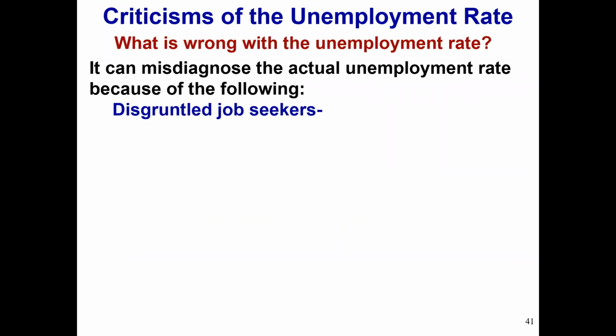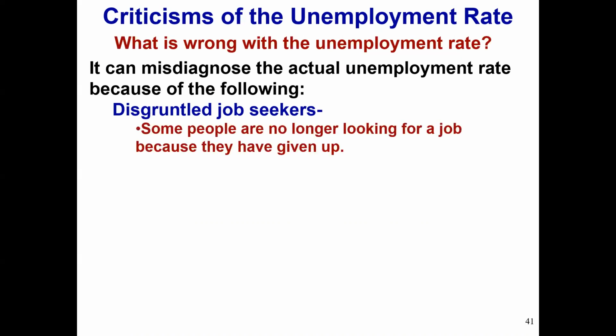All right. Criticisms of the unemployment rate. We talked about this, or what's called discouraged workers. Some people are no longer looking for a job because they've given up. They're still unemployed, but they don't count in our unemployment rate because discouraged workers, if you haven't looked once in the last 4 weeks, you're not part of the labor force. You're not part of employed workers.